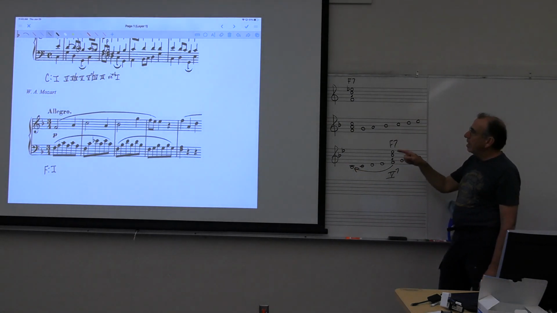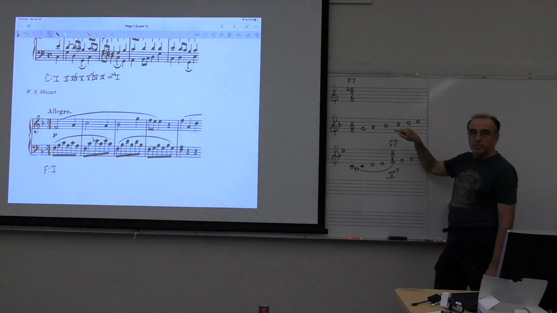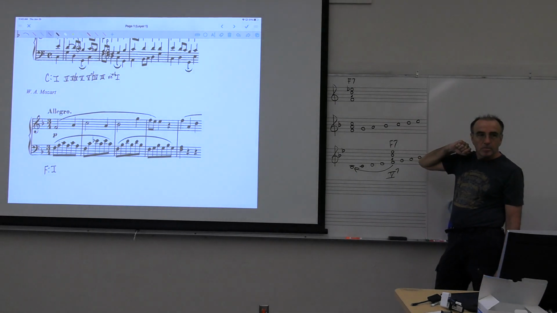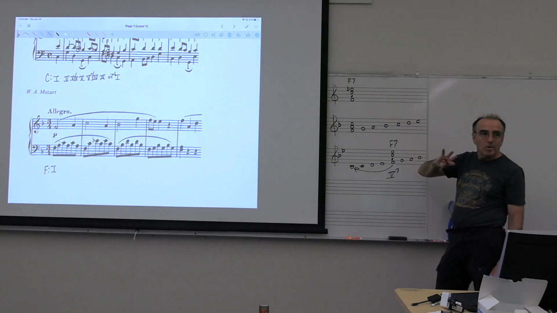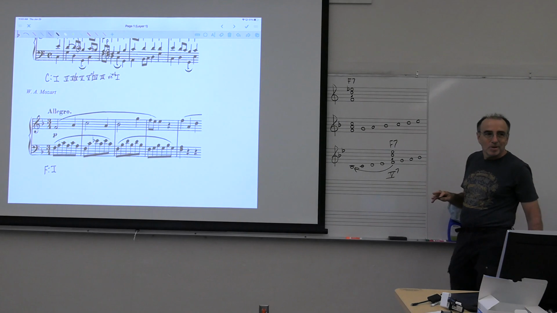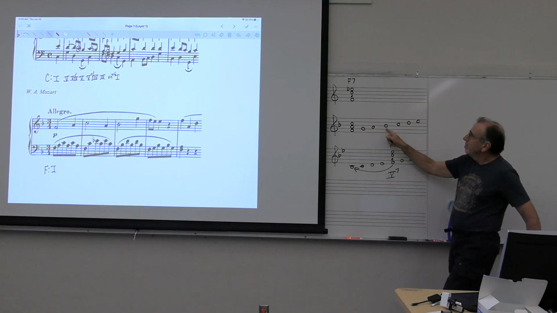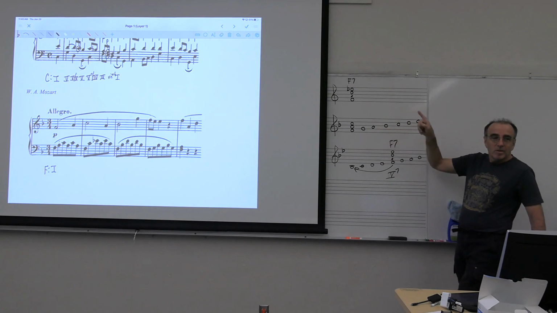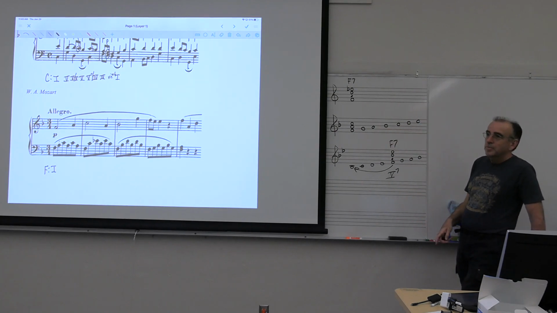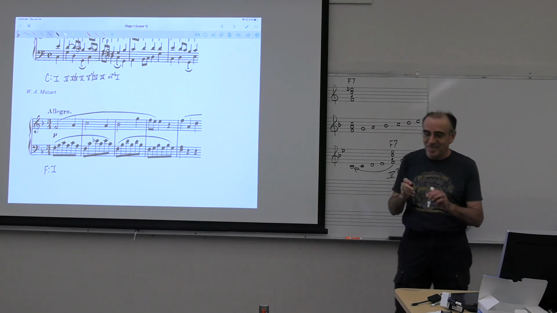So what is B flat in the key of F? It's not the dominant of the scale, it's the dominant of the fifth of the scale. 1, 2, 3, 4. It's the subdominant, or 4, or fa if you want to talk solfege.